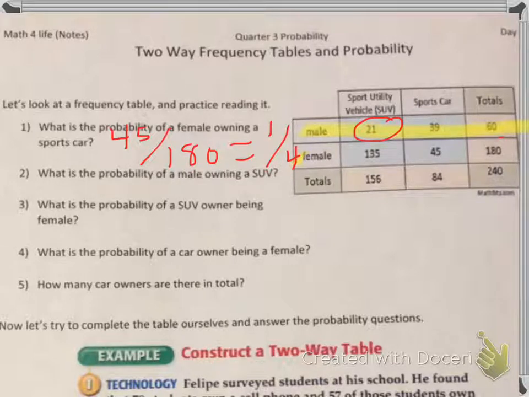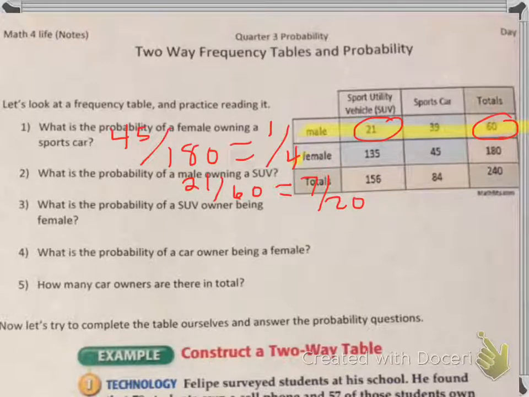So the probability of a male owning an SUV will be 21 out of 60. You would do 21 divided by 60 on your calculator, and when you reduce it, it tells you that it reduces to 7 over 20. So the probability of a male owning an SUV is 7 out of 20.